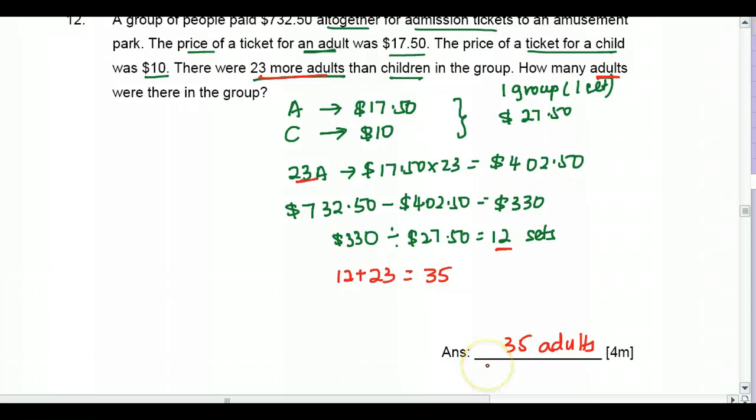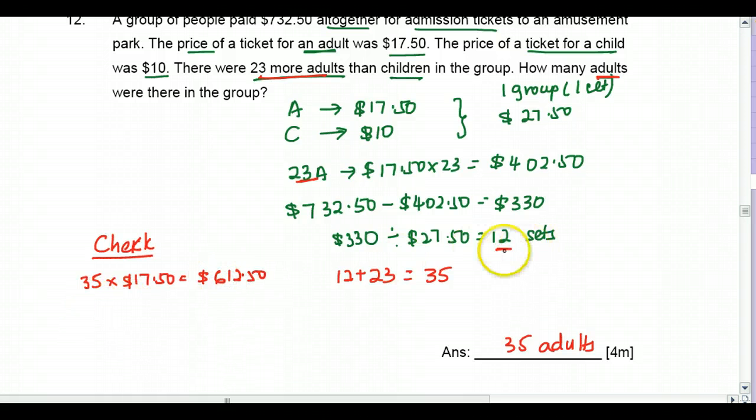How do I check if my answer is correct? So I can check. I have 35 adults. Each adult paid $17.50. I would have $612.50.